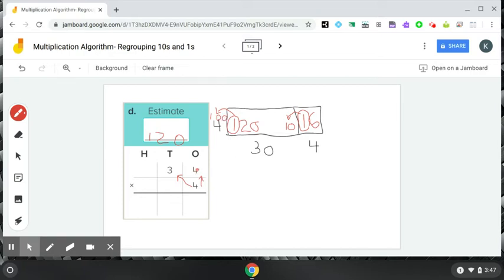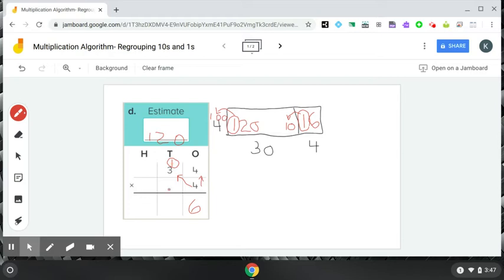So we know 4 times 4 is 16, but we can only put the 6 here. The 10 is coming up over here. So there's that 10 that we're carrying over. Now we know 4 times 30 is 120, but I need to add another 10, which makes it 130.